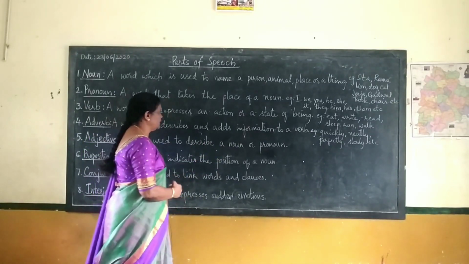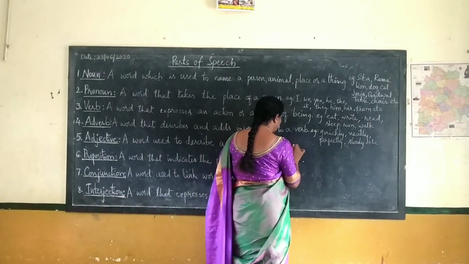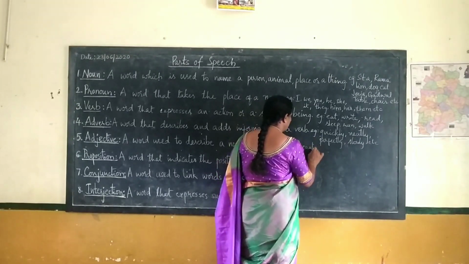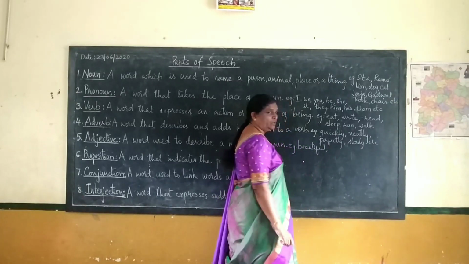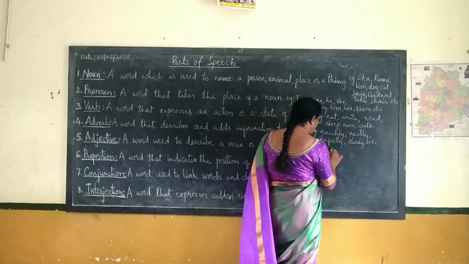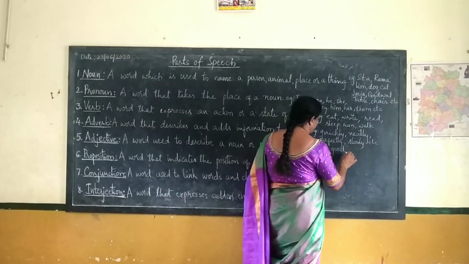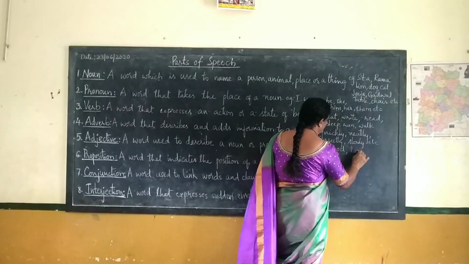So, see, beautiful girl. She is a beautiful girl. He is a good boy. Good. And then he is lazy.